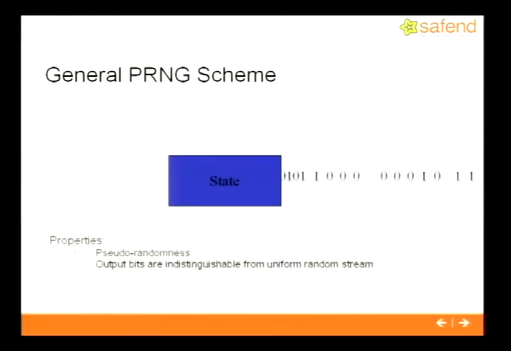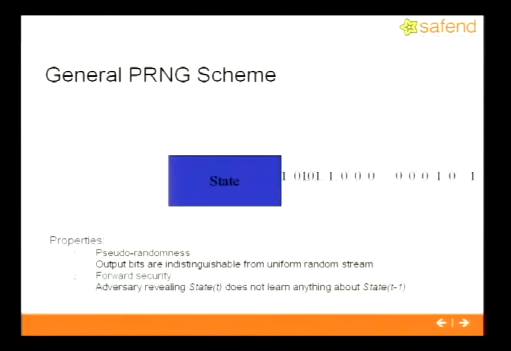Usually two meanings. One, pseudo-randomness, meaning that if an adversary takes the output stream and reads it, there is no easy way to trace back from the stream of bits back into the state. If there was an easy way, we could easily predict the next bits.